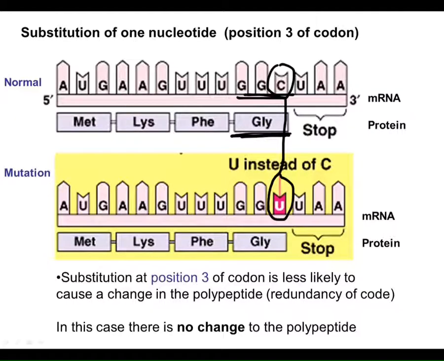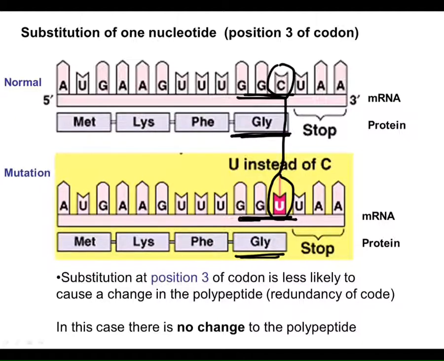And then it looks again and it says GGU, and the table still says it's a glycine. This is that redundancy thing that I mentioned. The genetic code is redundant. In other words, there's more than one way to say glycine. I can say glycine by GGC, or I can say glycine by GGU.